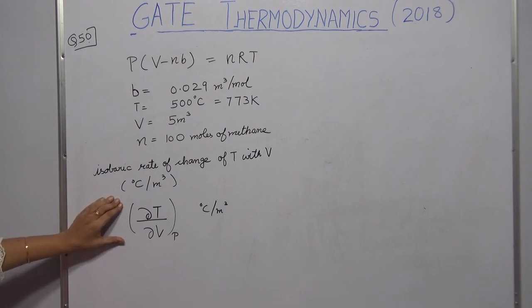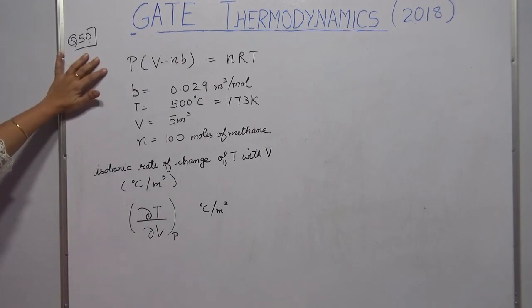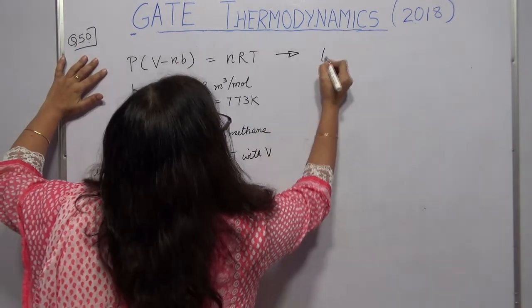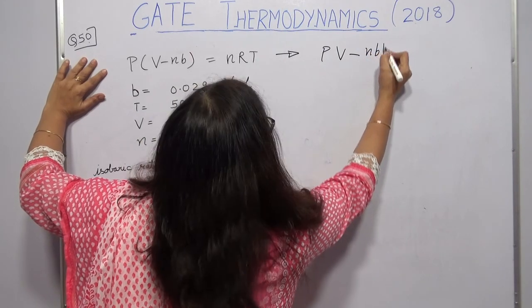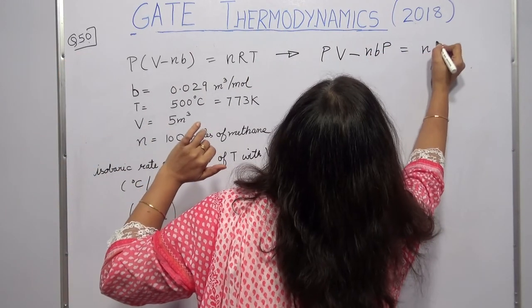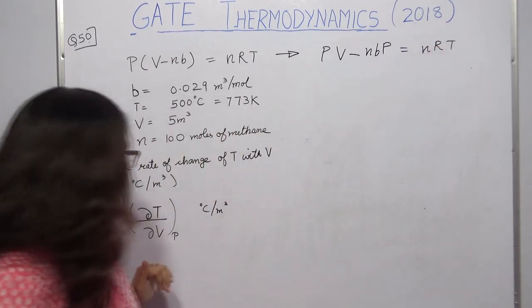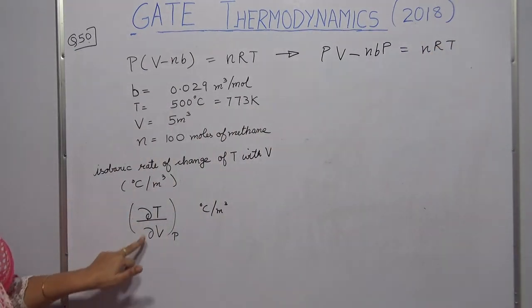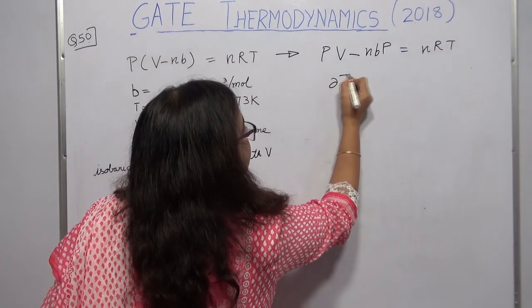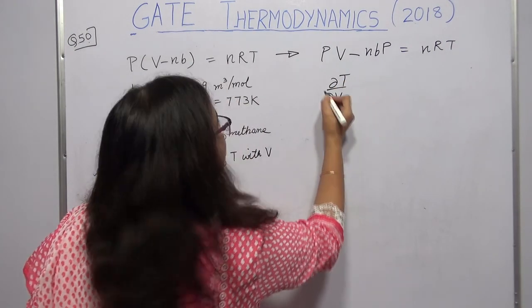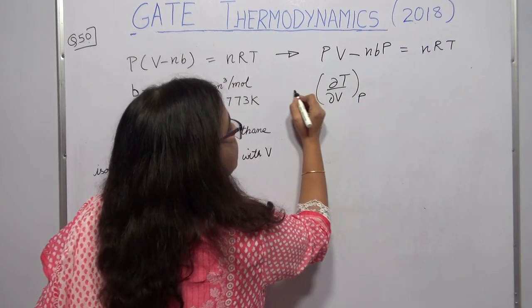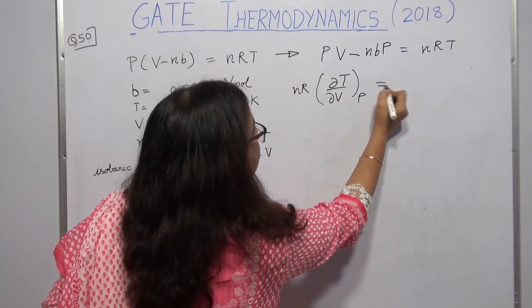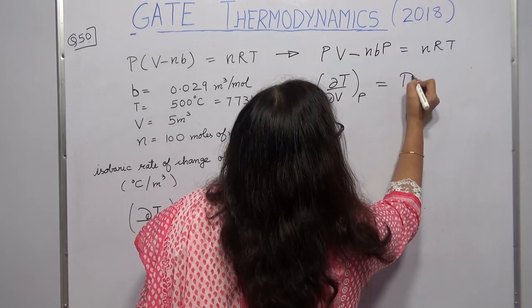Now let's first try to evaluate this derivative from this equation. So I am going to open this equation. What do I get? PV minus nBP is equal to nRT. Now I am going to take the derivative del T by del V at constant P. Of course it is multiplied with R, that is equal to, so I have only P over here.